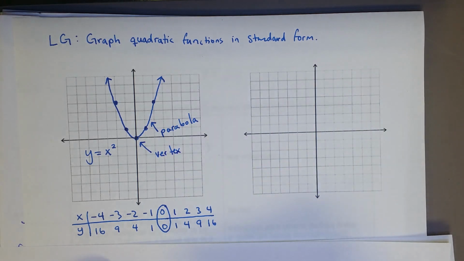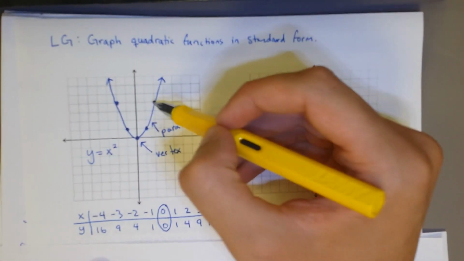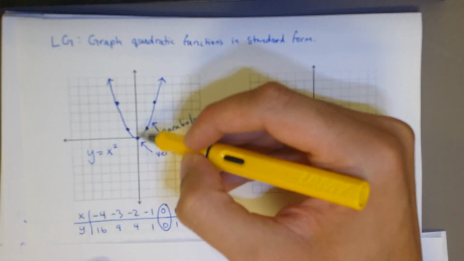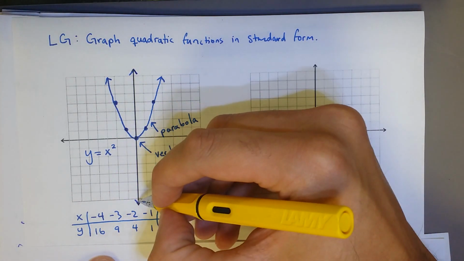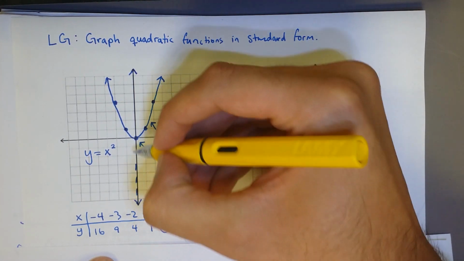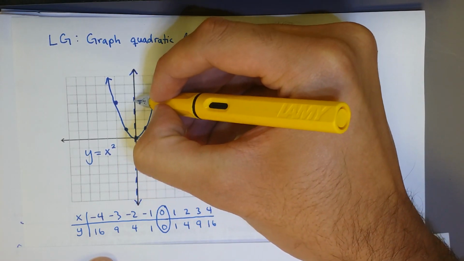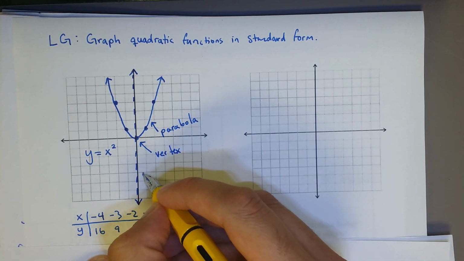The other thing that I want you guys to take notice of is that this parabola is symmetric about the line x equals 0. So let's go ahead and define that now as well with a dashed line, and label this key feature.